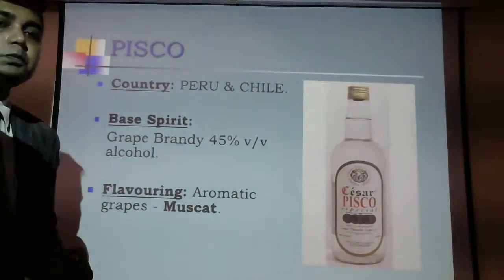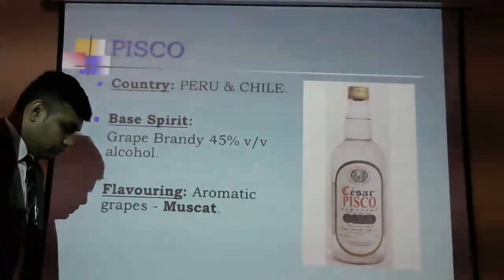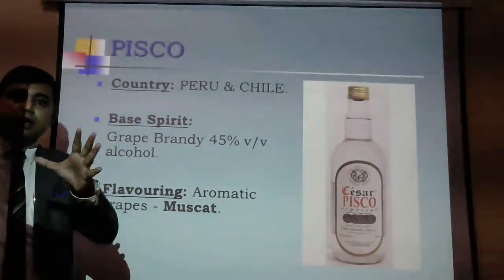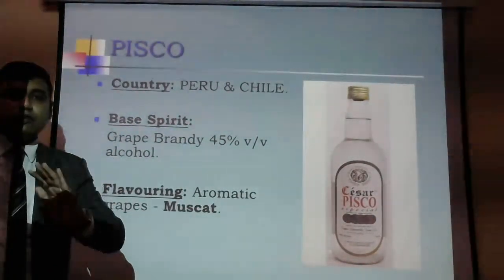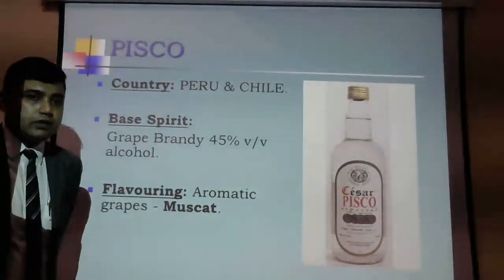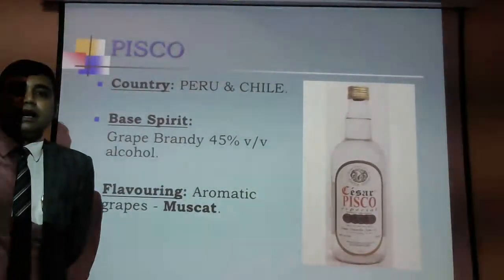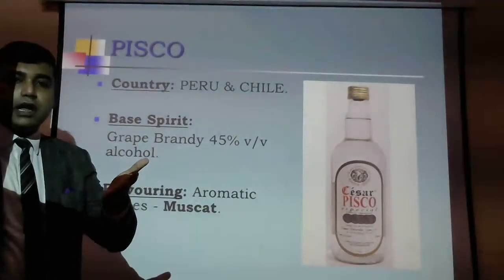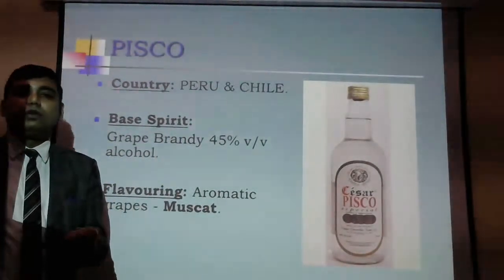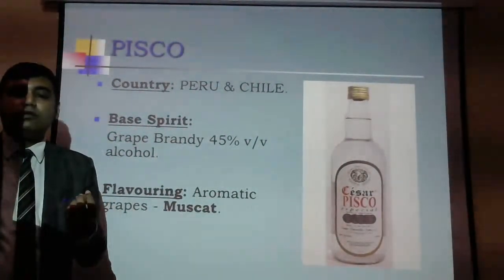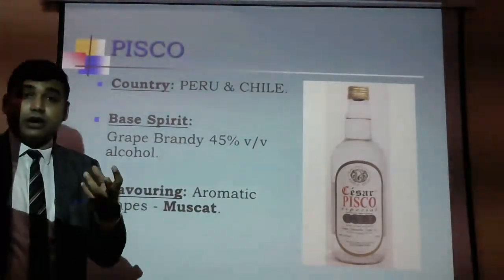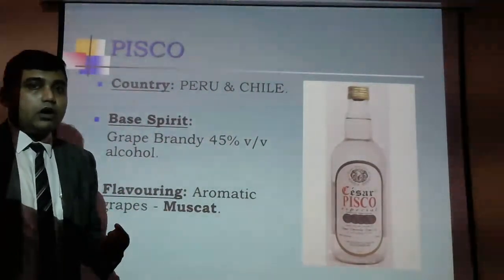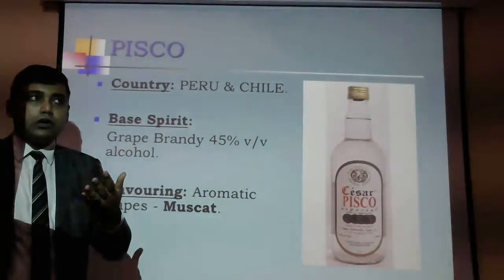Next, Pisco. Now, again, this is from America, though from Peru and Chile. You know which part of America this is, the south. So it is a grape brandy of 45%, again made from grapes. And in Peru and Chile, you will find indigenous grapes, for example, Ugni Blanc grape, or you can say Colombard.